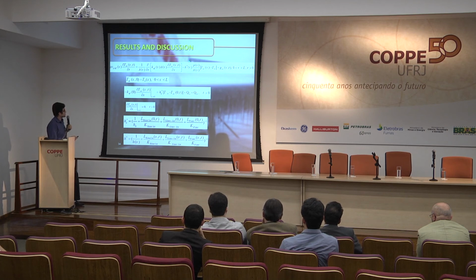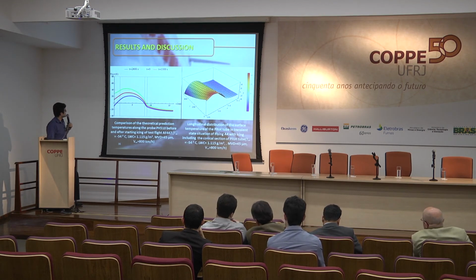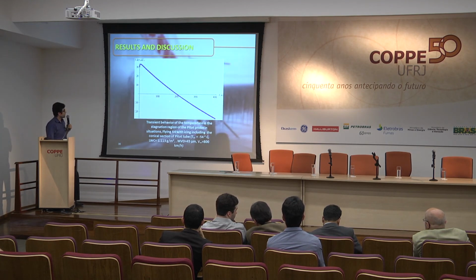We changed this part of the equation and put it in the equation for the transient behavior of the P2 tube too. And it was very interesting because the time of the ice formation is reduced after putting this modification on the P2 tube, by about 1,000 seconds.